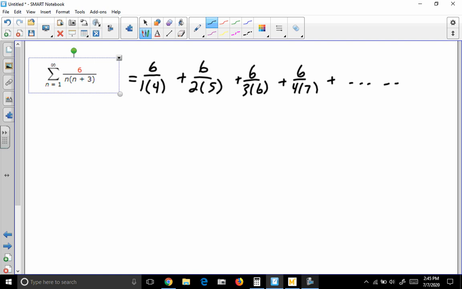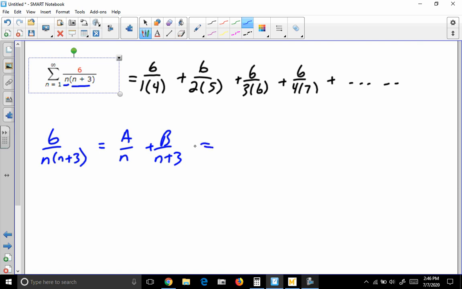And we could add those together. And if we do it in this format, it's going to be hard to get a particular pattern. So one thing that we can notice is we have two terms in the denominator, or two factors, not two terms. We can rewrite this as something over n and something over n plus 3.